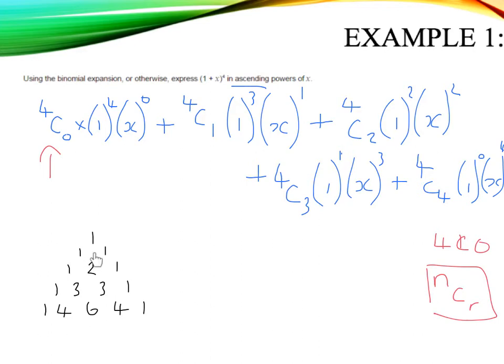These add together to make 2, and we have 1s either side. 1 and 2 makes 3, 1 and 2 makes 3, 1 and 3 makes 4, 3 and 3 makes 6, 3 and 1 make 4, and 1 at the end again. So these are the first few rows of Pascal's triangle.